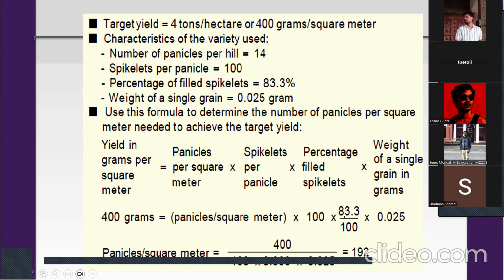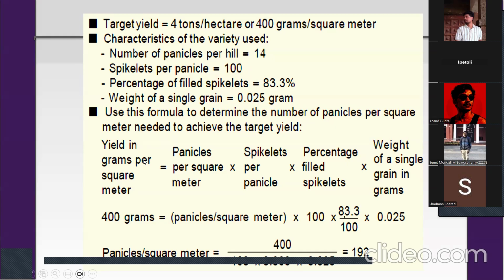Characteristics of the variety are number of panicles per hill. In one hill, you will get 14 panicles. Spikelet per panicle is 100. Percent of filled spikelet is 83.3%. Weight of a single grain is 0.025, or you can say 25 gram is the 1000 seed weight. Use this formula to determine the number of panicles per square meter needed to achieve the target yield of 4 ton per hectare.